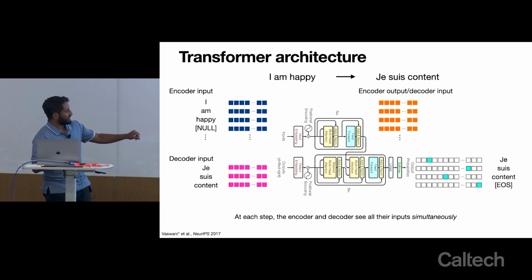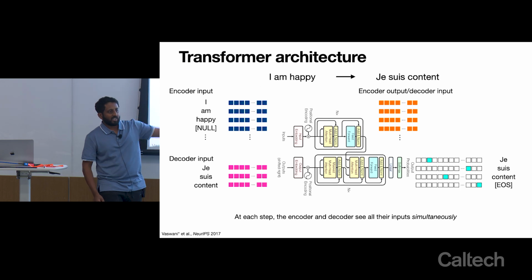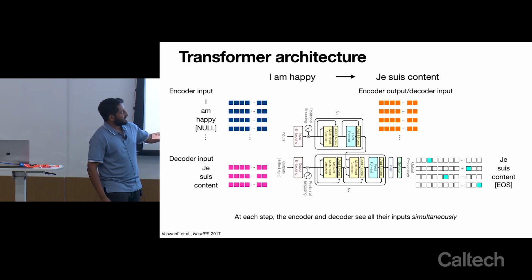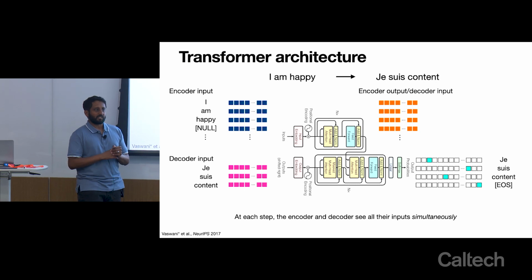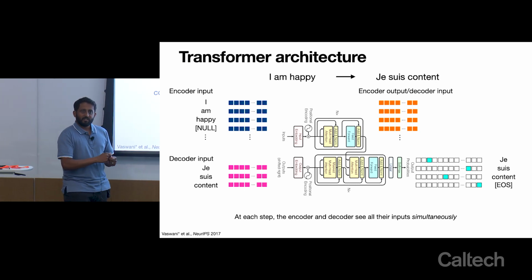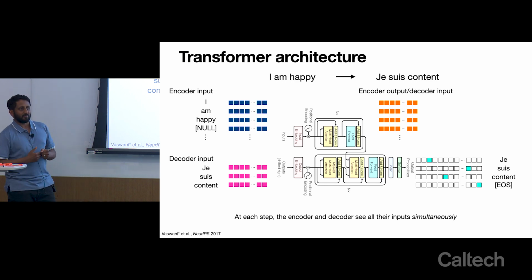Okay, so the key advance here is that during the encoding process, the encoder sees all of its inputs simultaneously. It doesn't have to have a memory of what has been fed in before. It doesn't need to do this sequential computation. It just takes everything into account and spits out what it thinks the embedding should be.